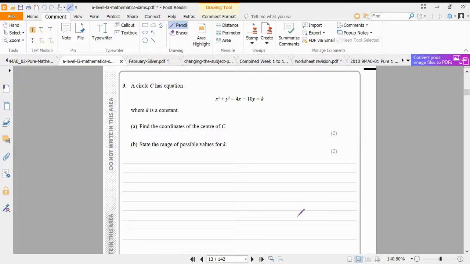So here's the question that talks about finding the coordinates of the center of a circle.